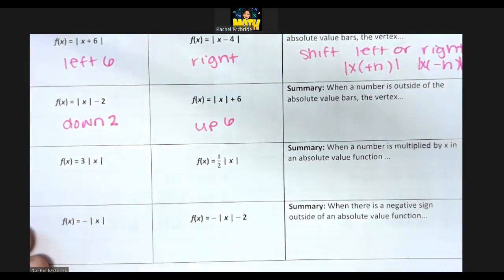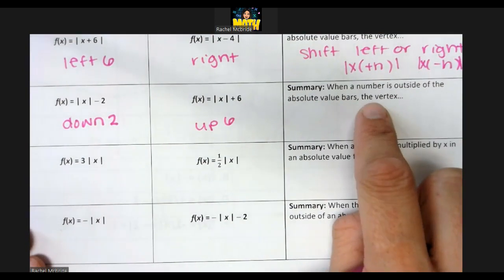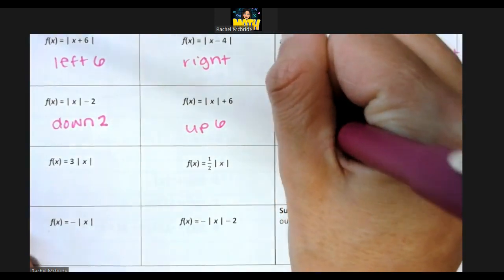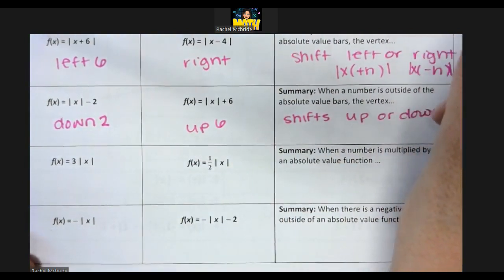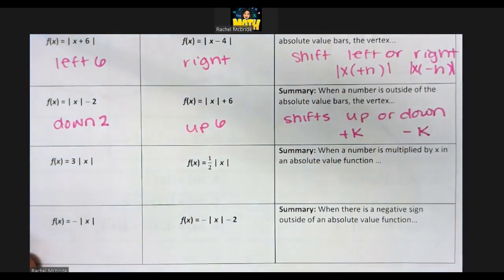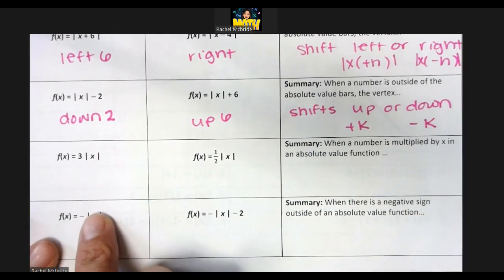Perfect. So in general, when a number is outside the absolute value bars, then the vertex shifts up or down. All right, Sophia. Jacqueline?